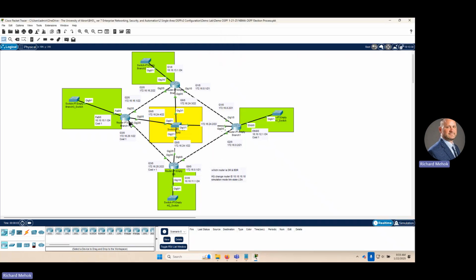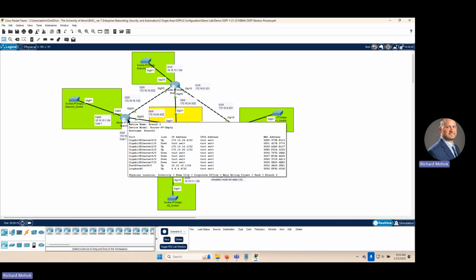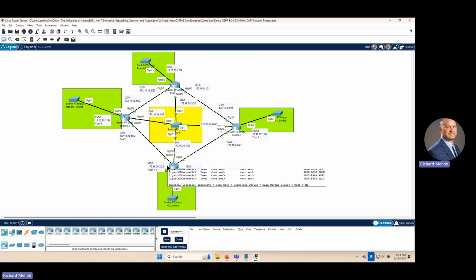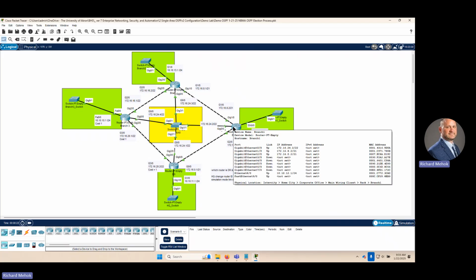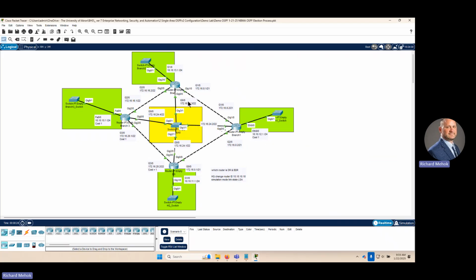So the election process between branch 3 and HQ, branch 1 and HQ, branch 1 and branch 2, and branch 2 and branch 3 are all point to point. So the election is pretty simple. One becomes a DR and the other doesn't do anything. In here is the multi-access where we have 4 local router interfaces advertising.